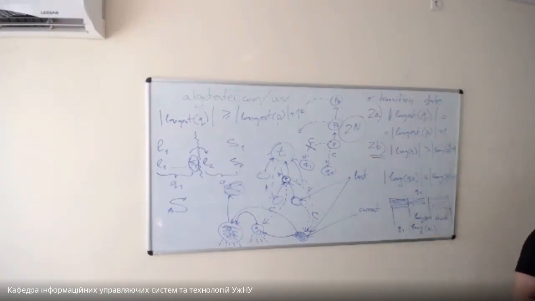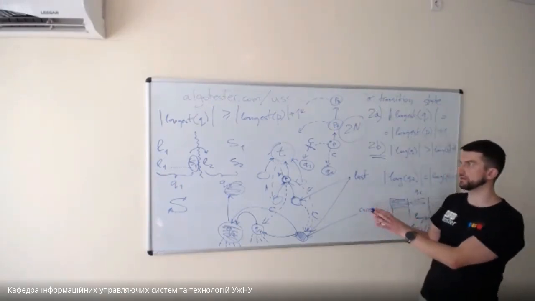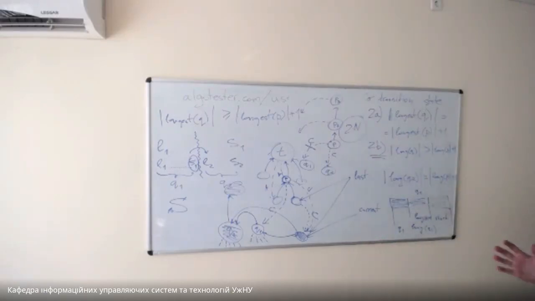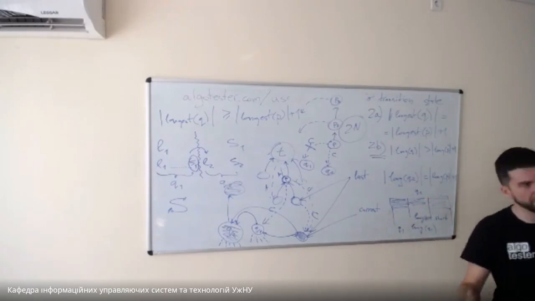Of course, this problem can be solved with some other techniques, some other algorithms, but definitely you can apply suffix automaton in order to find a short string within a long string.